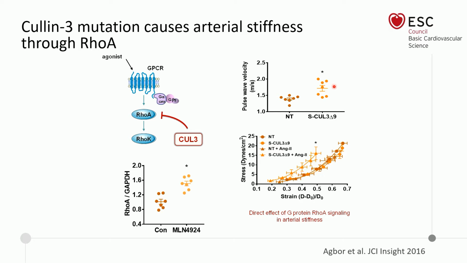And even after angiotensin II administration, this process is accelerated. There is an acceleration of arterial stiffness in the presence of Cullin-3 mutations.